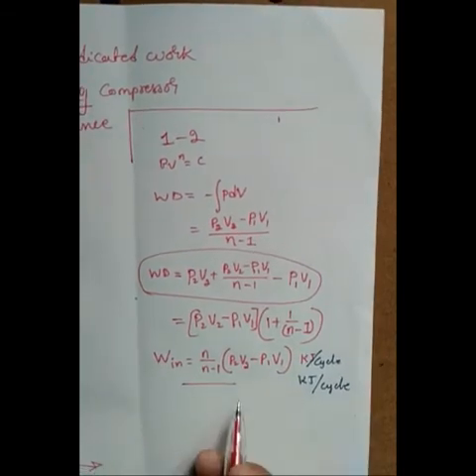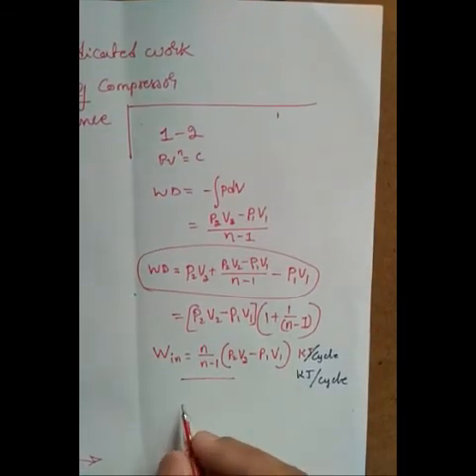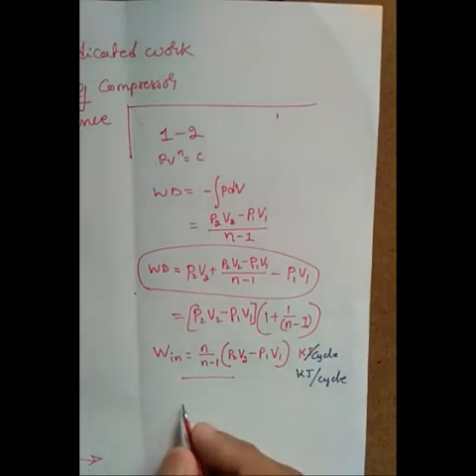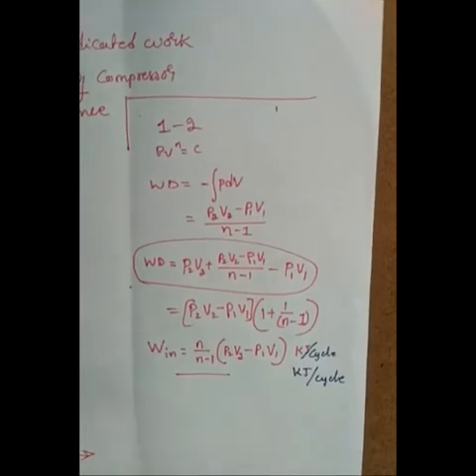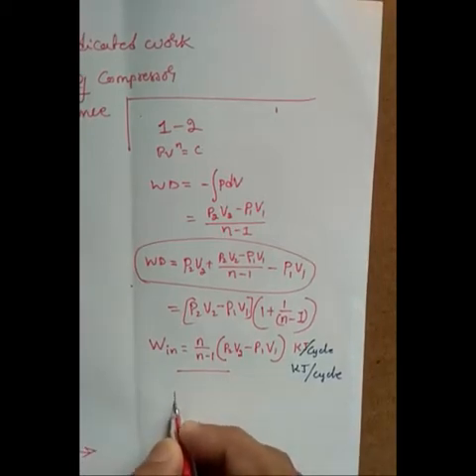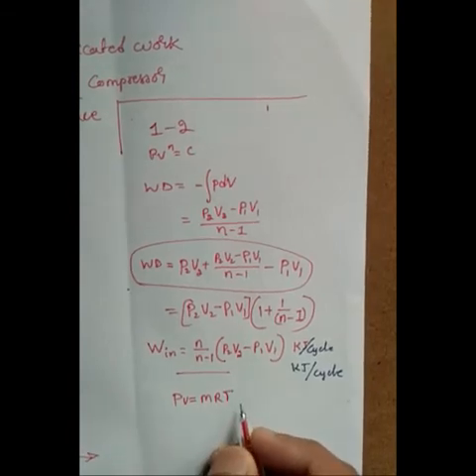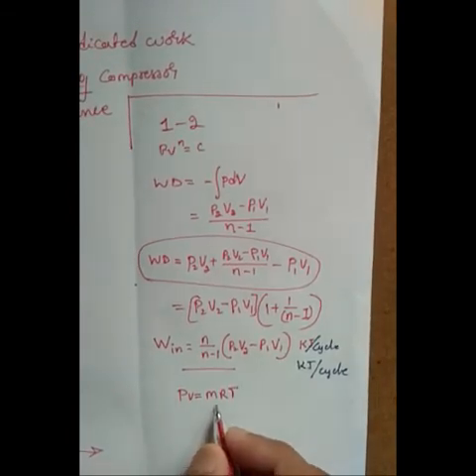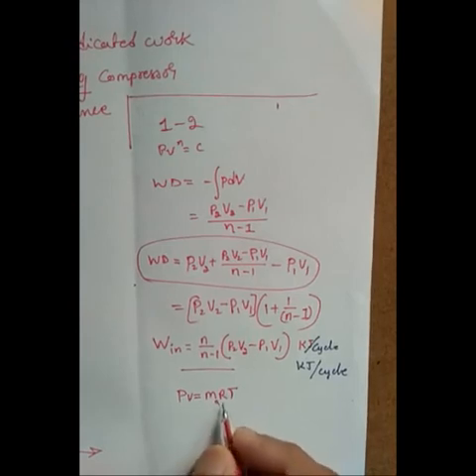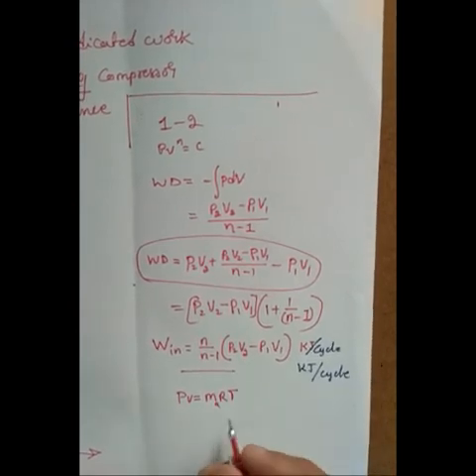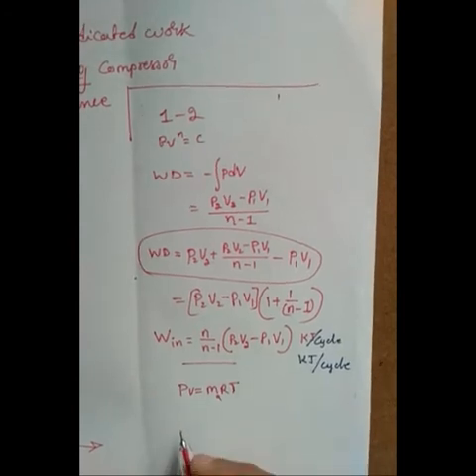Now we will rearrange this equation. What we can do is we will use the gas equation, that is we can write this in terms of temperature using PV is equal to MRT, mass of air into R into T, gas constant into temperature in terms of absolute scale.